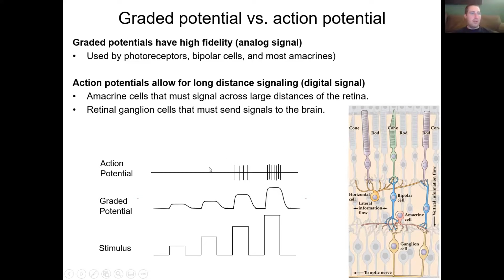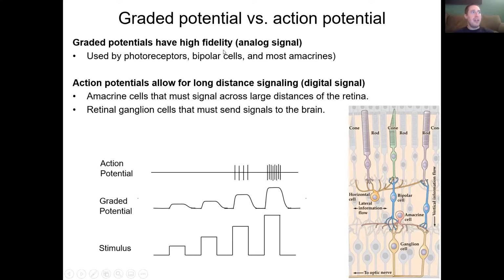So if you remember, this is from one of Dr. Schmidt's earlier lectures, with graded potentials, you can have a small response, a bigger response, a bigger response, or anything in between to increasing stimuli. Whereas action potentials are binary. You might not have any response, and then you jump to one spike. There's nothing between 0 and 1 spikes.